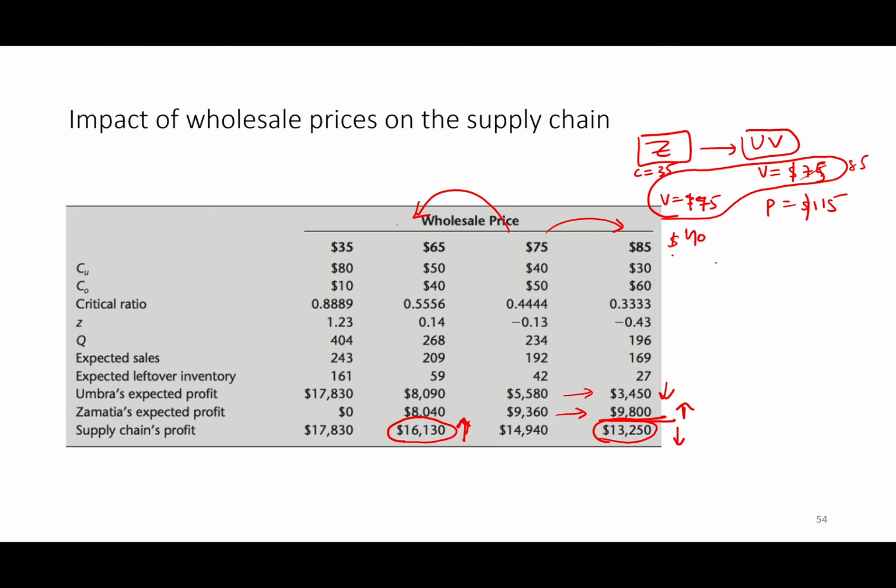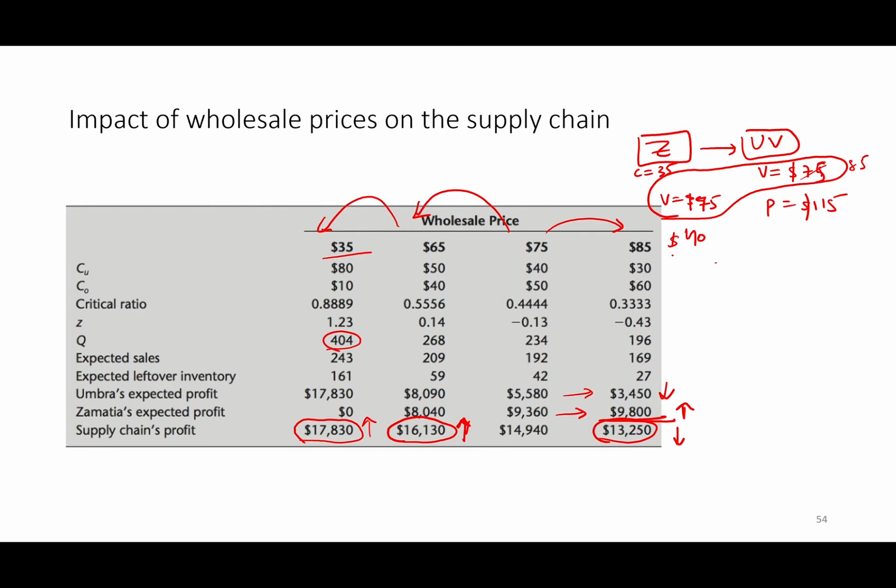And then if they reduce it even further to $35, the overall supply chain profit is 17,830, and the optimal Q also increases.